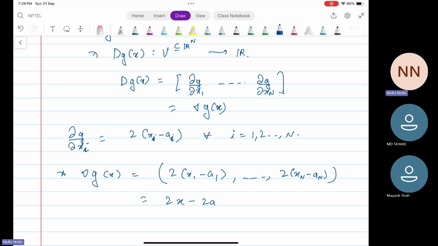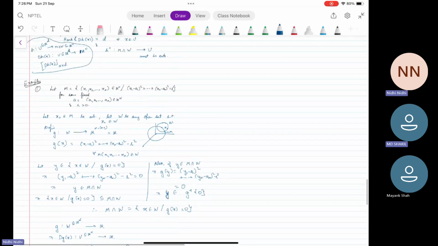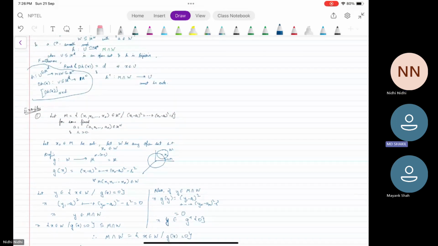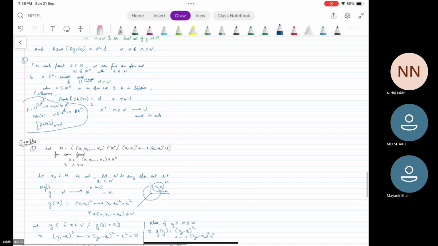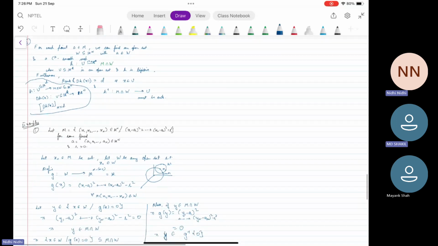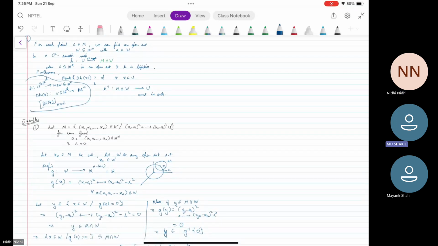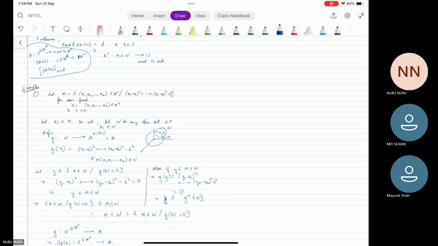So can it be 0? No, it cannot be zero, because x is not equal to a. The radius is strictly greater than zero, so x cannot be equal to a.